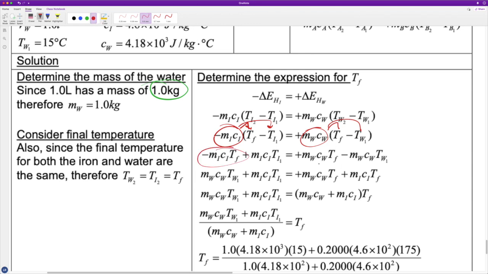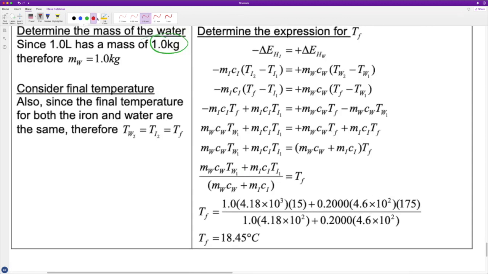Now this term here and this term here, we have to bring to the same side of the equation. So where am I going to bring it? Well, this negative sign versus this positive sign. My instinct, of course, is to take this term and bring it to the other side, and at the same time take this negative term and bring it to this side here. When I do that, this negative becomes a positive and this negative becomes a positive.